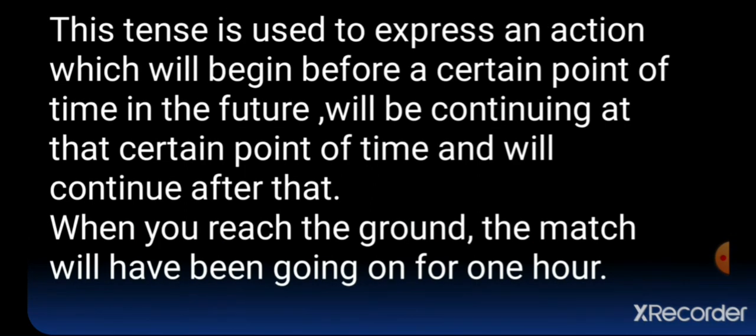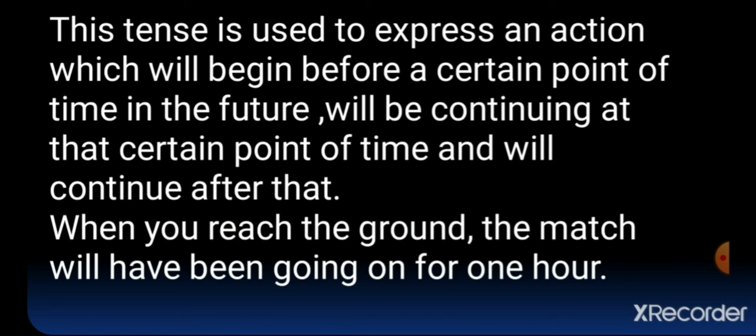Students, this tense is used to express an action which will begin before a certain point of time in the future, will be continuing at that certain point of time, and will continue after that. For example, when you reach the ground, the match will have been going on for 1 hour.